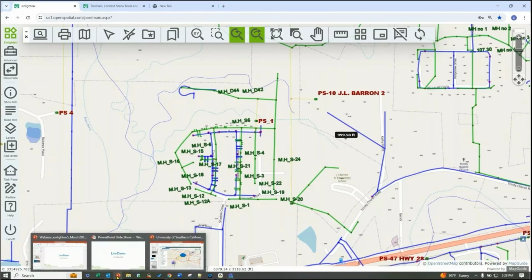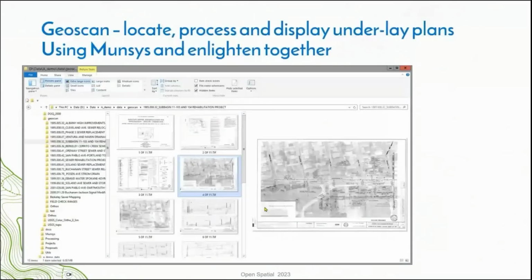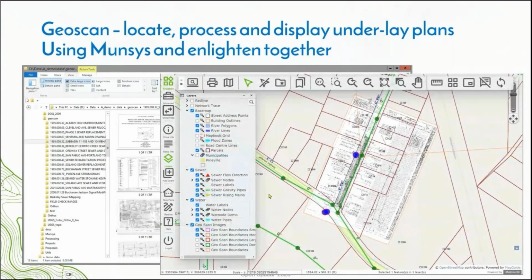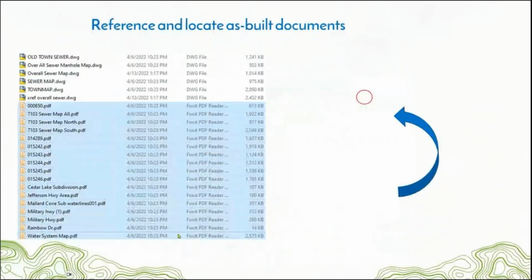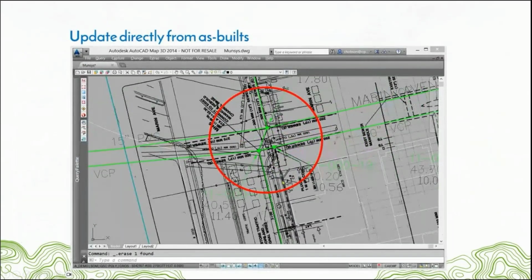I'm going to flip back to the PowerPoint here and look at it. So we've gone through pretty much all of these. And with geoscans, if in Munsis you've gone in and put in what we call a geoscan, which is basically embedding a PDF or a TIFF into Munsis on the Munsis map, you can use the off-the-shelf menu pick, place this and put it with a line and scale in its place, and then you can do heads-up digitizing.